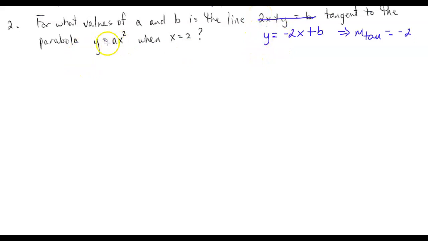We also know here that we need to find out the corresponding y coordinate here. So here we know that y of 2 is going to be a times 2 squared, which is 4a. We know that. Okay.